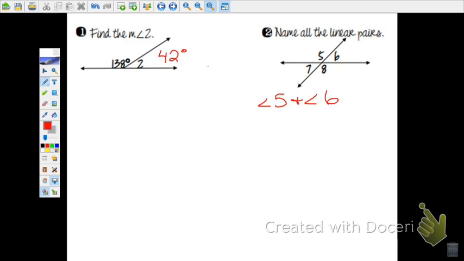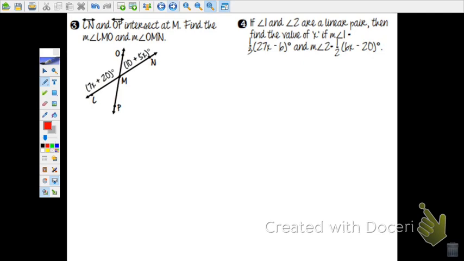Angle 7 and angle 5. What's another linear pair? Angle 7 and angle 8. Angle 8 and angle 6. So those are all of the linear pair possibilities in that diagram.